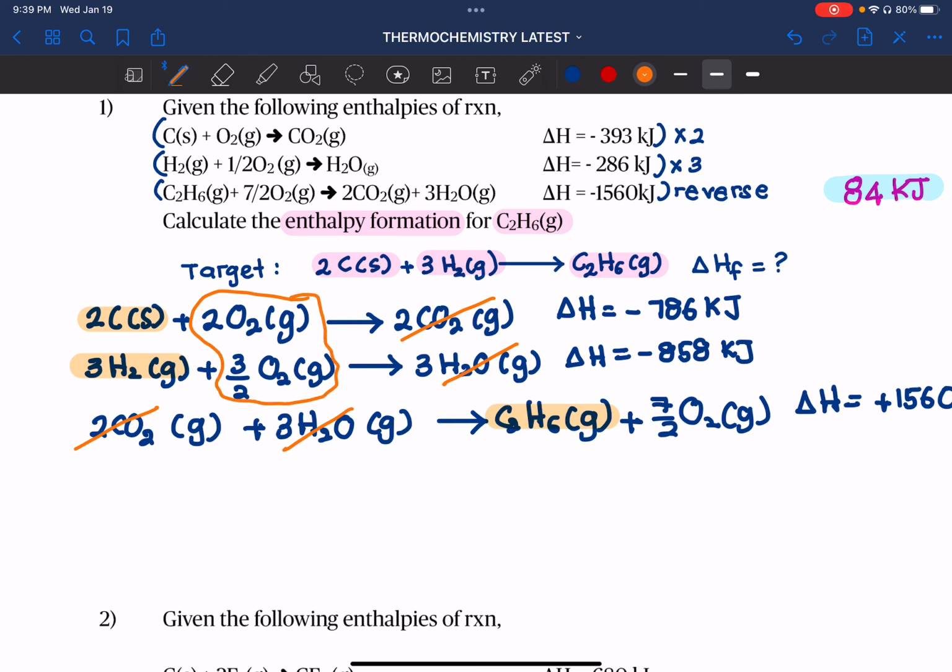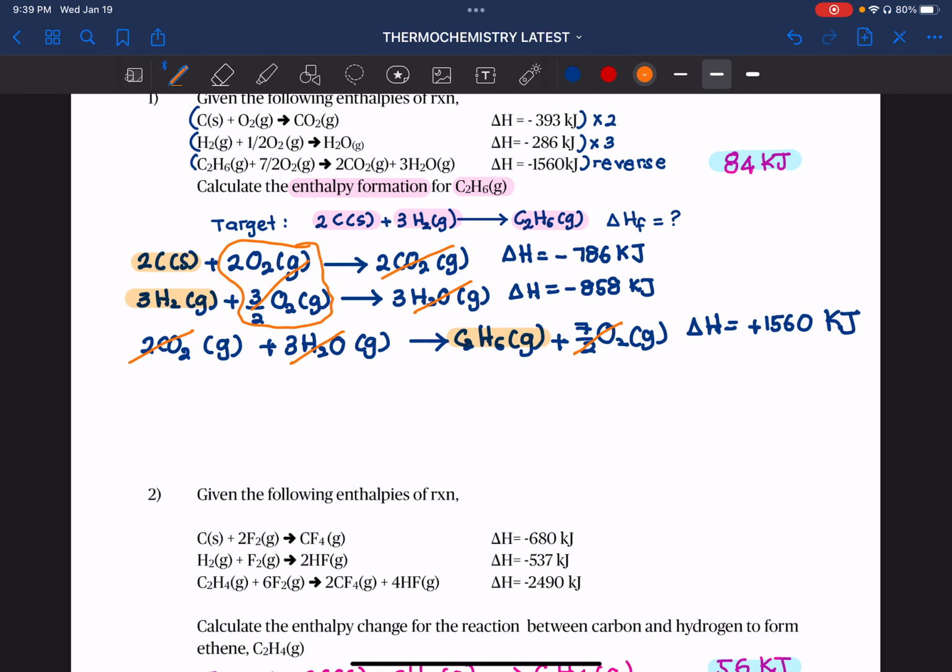Reactant and reactant, kita boleh tambah. Okay. And when you add 2 plus 3/2 is equivalent to 7/2. So basically we can cancel out. So yang tinggal hanyalah kenangan. Okay, I'm joking ya.